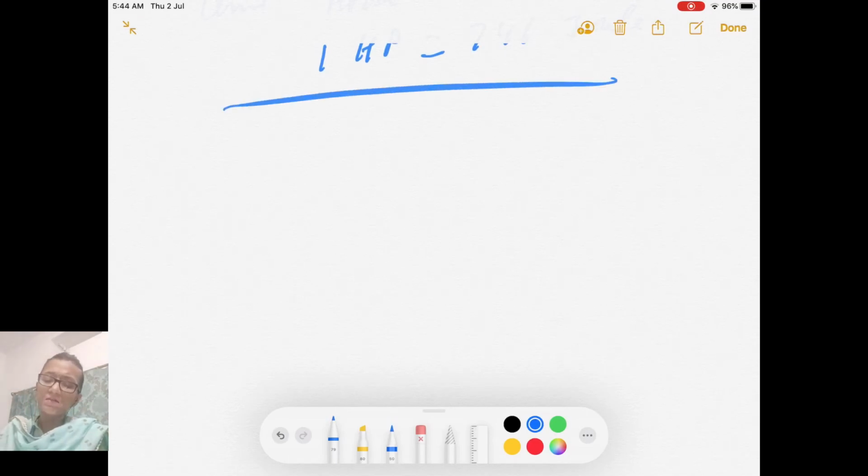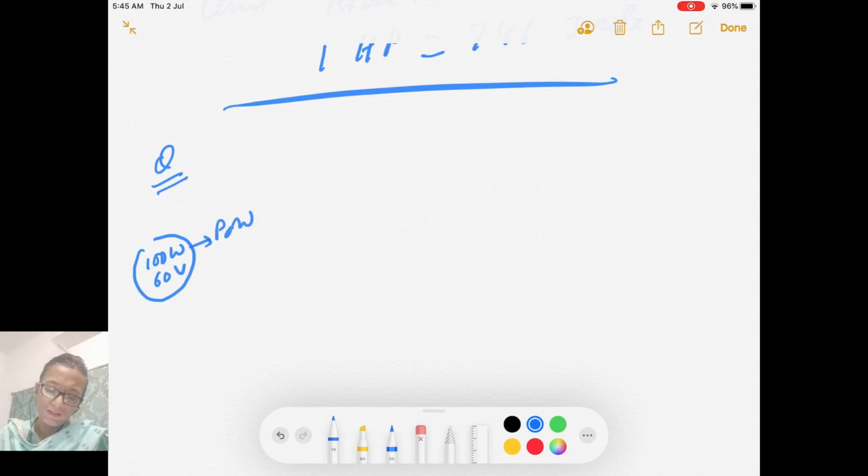Now let us do some questions. One question I am doing: what will be the power of some bulbs connected in series in terms of the power shown on the bulb itself? You know that on a bulb power is written like 100 watt, 60 volt. What is this? This is power.